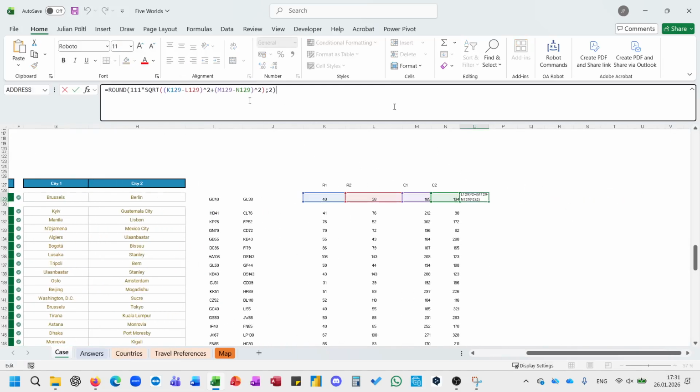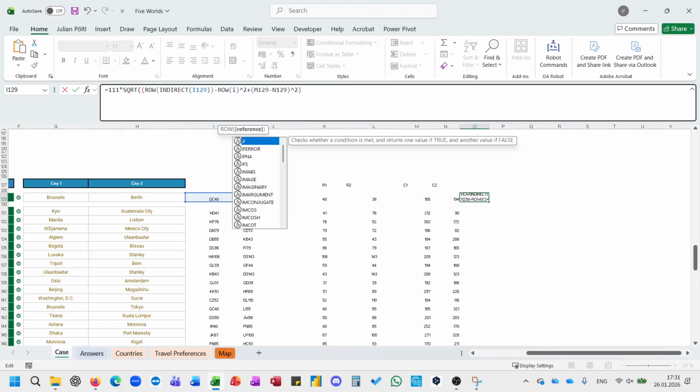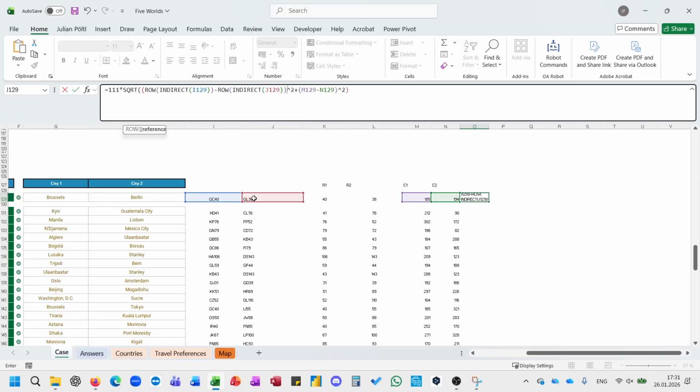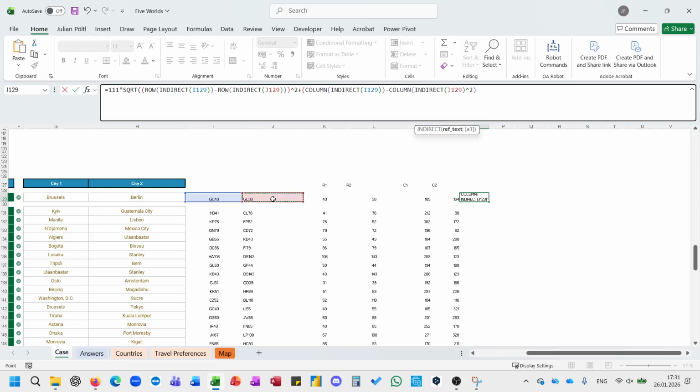Get rid of the rounding, and here this is then INDIRECT, row INDIRECT of the first reference minus row INDIRECT of the second reference, column INDIRECT of this reference, and column INDIRECT of the second reference.